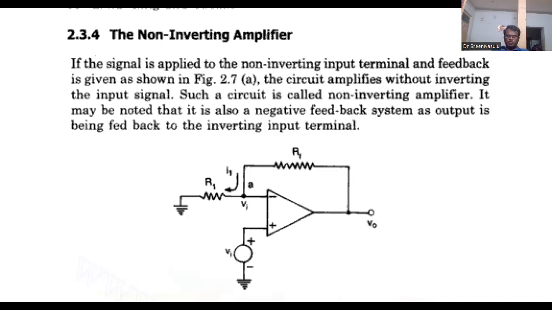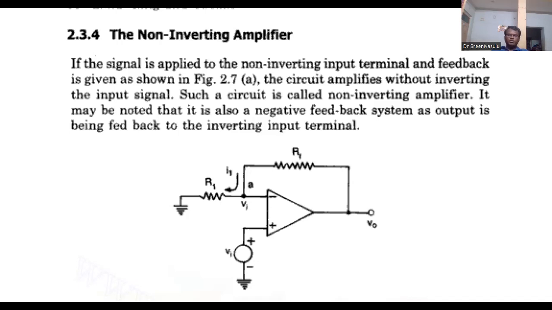So, what is the virtual ground concept? The difference between the non-inverting terminal and the inverting terminal must be zero. Here at the non-inverting terminal, the voltage is VI. At the inverting terminal, the voltage is the same.